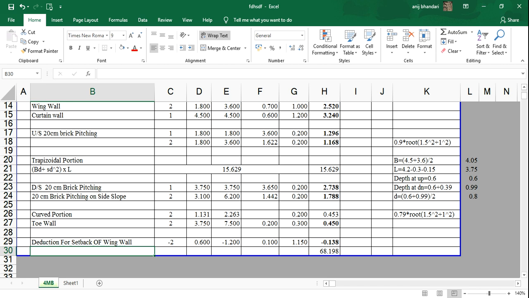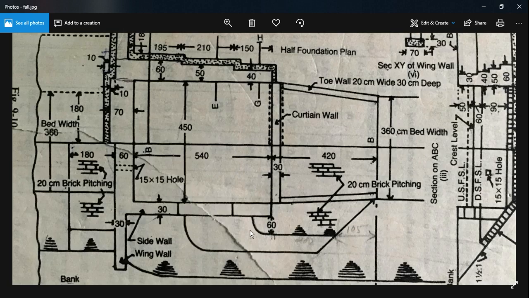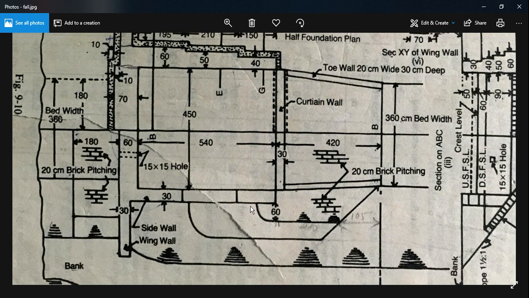That's all. Now the remaining portion is the curved portion. This curved portion goes all the way to here. So it has its radius 60.